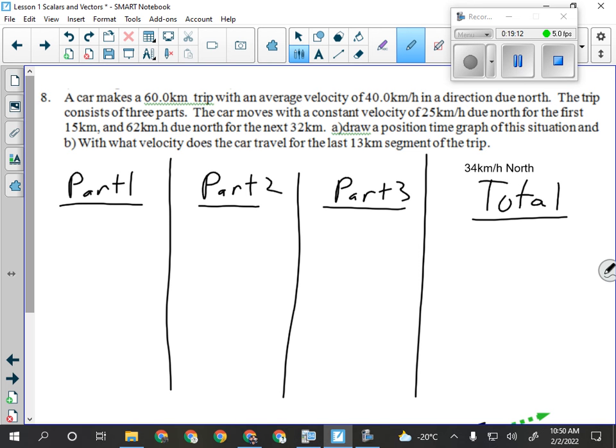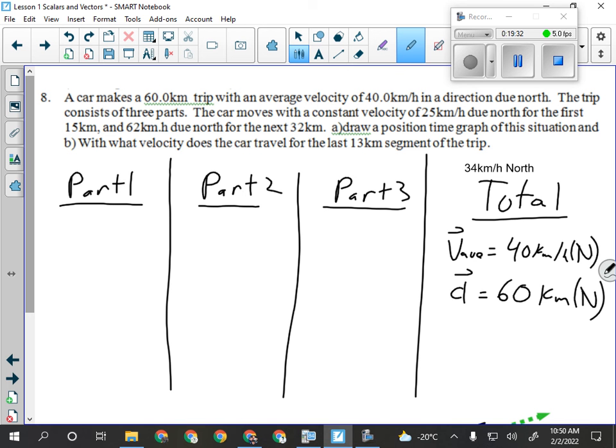Okay, so that's the stuff for the totals. They gave me that in the first line. Okay, so I know that the average velocity is 40 kilometers per hour north, and I know that the total displacement over the whole trip is 60 kilometers north. Okay, so I know those 2 things right off the bat.